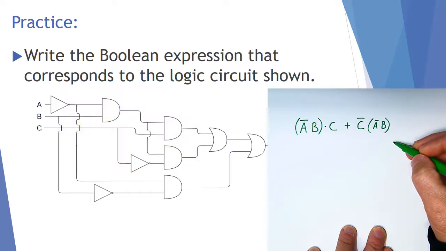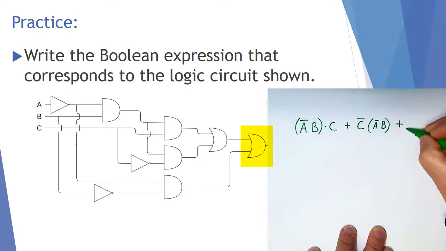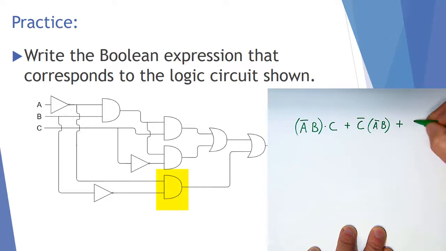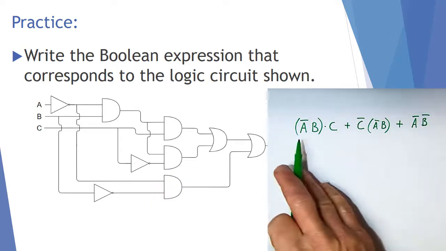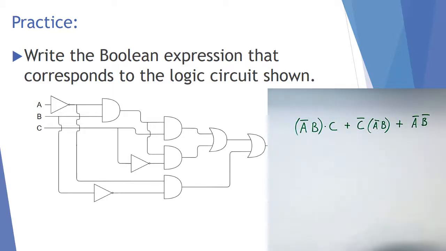Now, as you can see, we've got one more OR gate, so we can add on another alternative path here. The OR gate is also fed by another AND gate, and that AND gate is fed by the negation of A and the negation of B. And so that'll do it. There's our entire Boolean expression, and hopefully that's what you came up with.